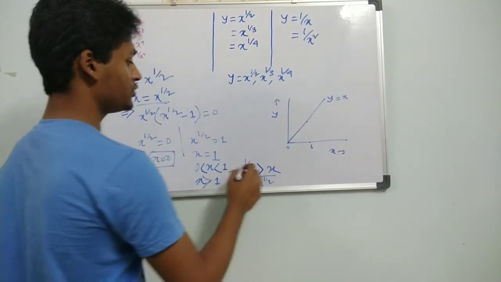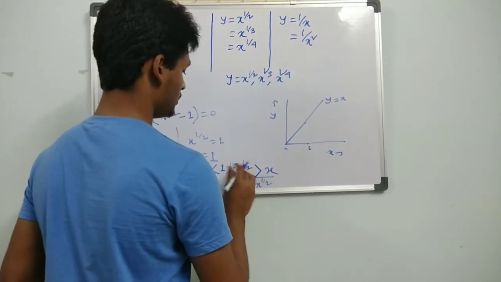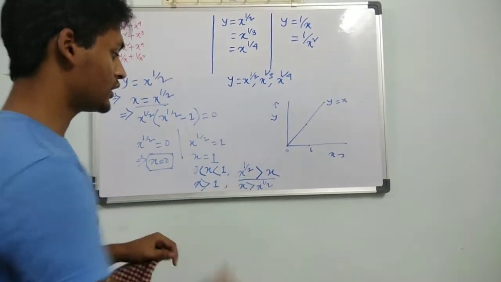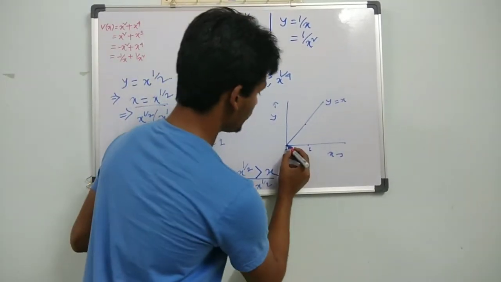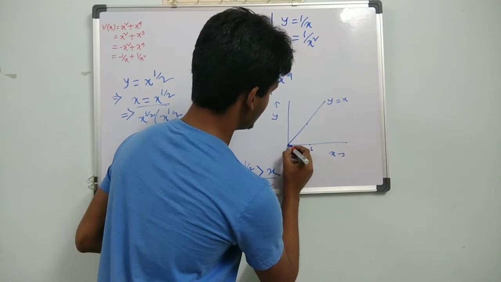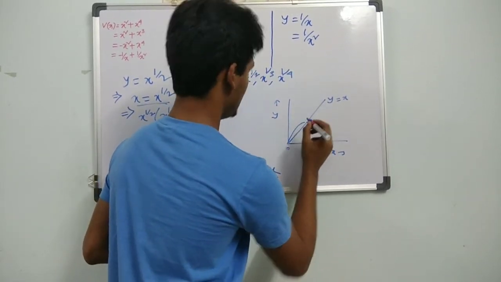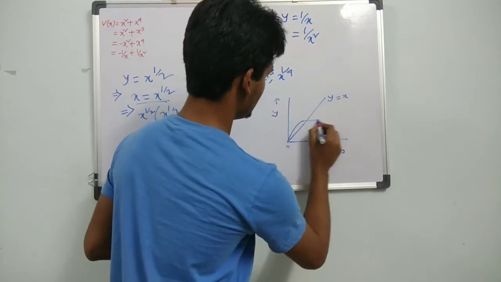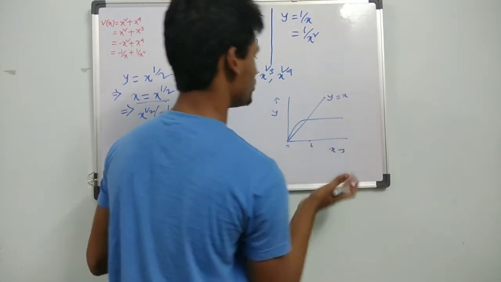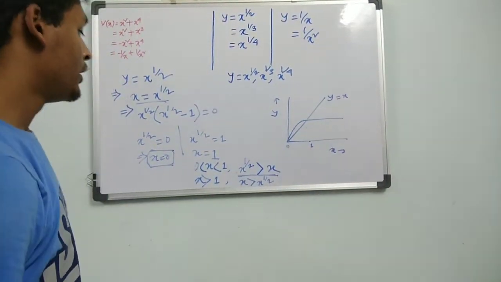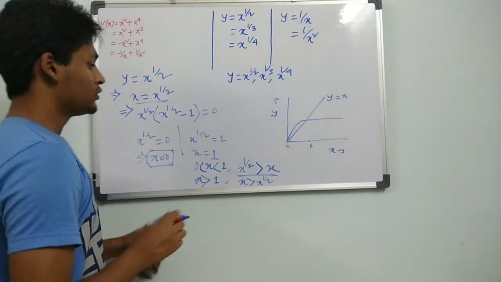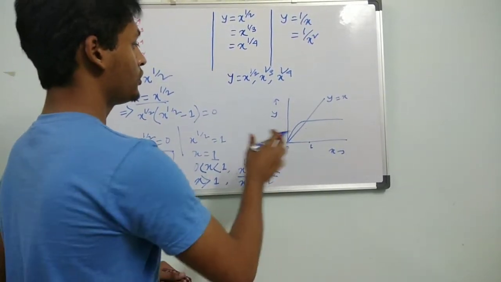So I am drawing this region. In this region x to the power half is greater than x, and in this region it is less than. Okay, so my plot will be like this. So this is the plot.